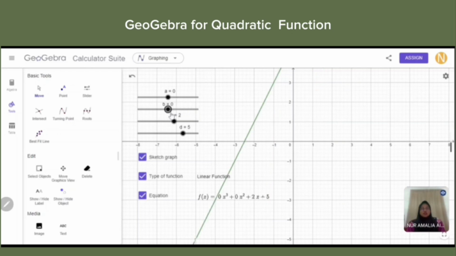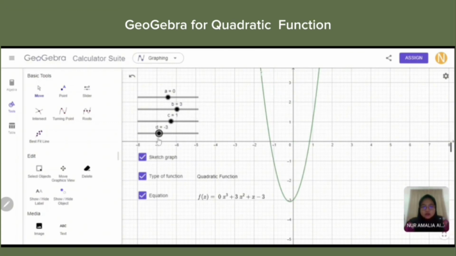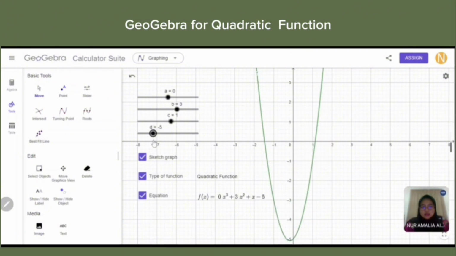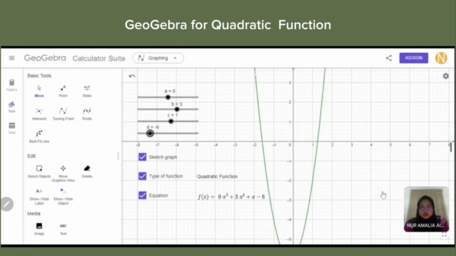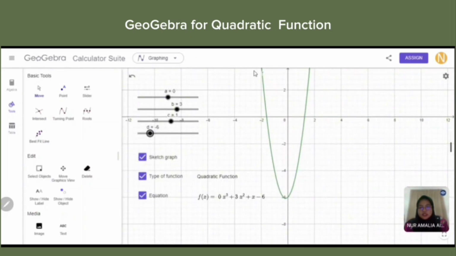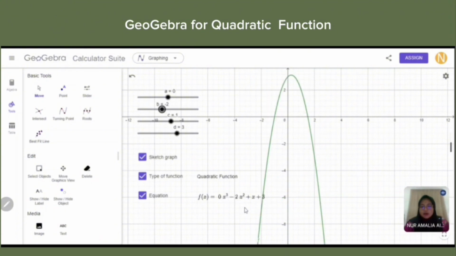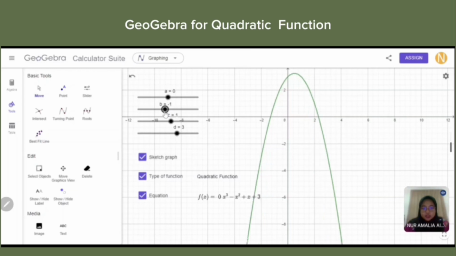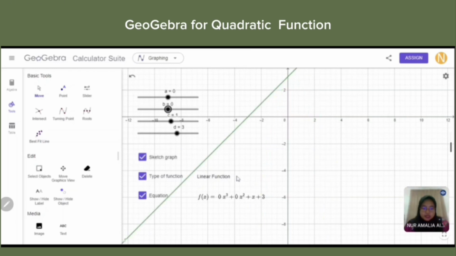So I will give you an example, which is 3x squared plus 1x, and the constant I will put as minus 6. As you can see here, the quadratic function will curve like this. But if I put B to 0, it will automatically turn into a linear function.